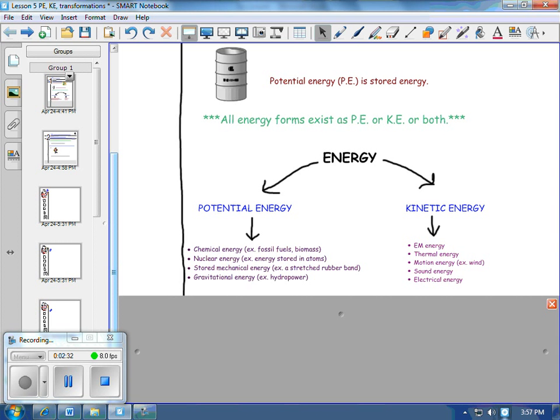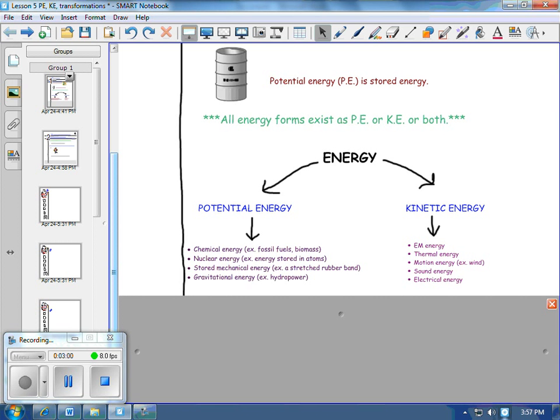Kinetic energy, on the other hand, includes electromagnetic energy, which of course is light energy. We know those move in waves, transverse waves. So transverse waves are of course moving energy, which is kinetic. Thermal energy is heat energy. Heat energy is the movement of molecules in something, which generates the heat energy.